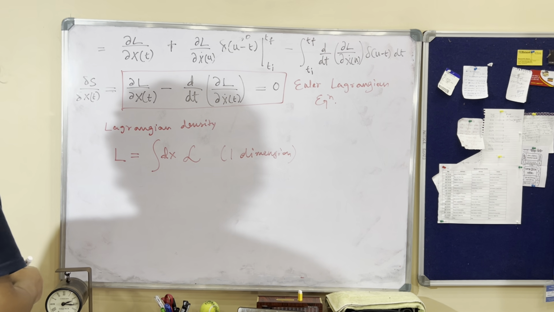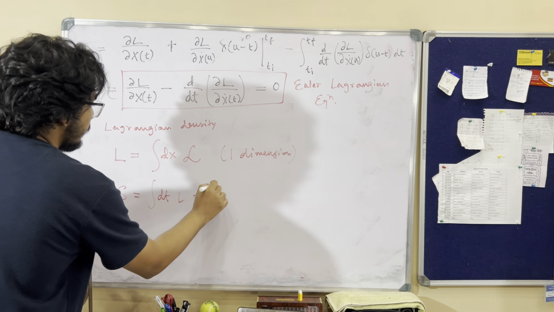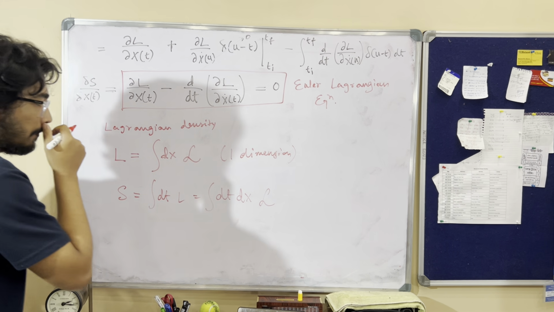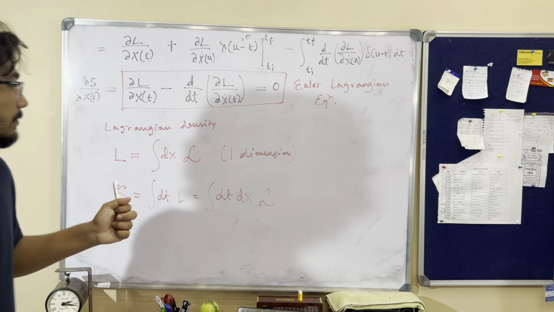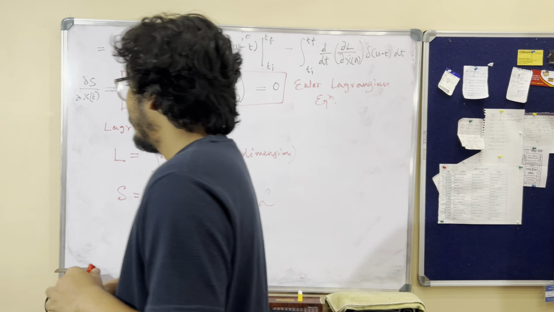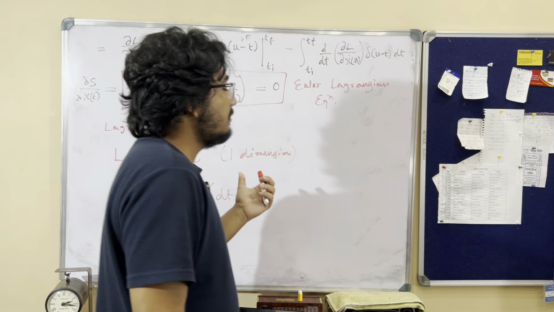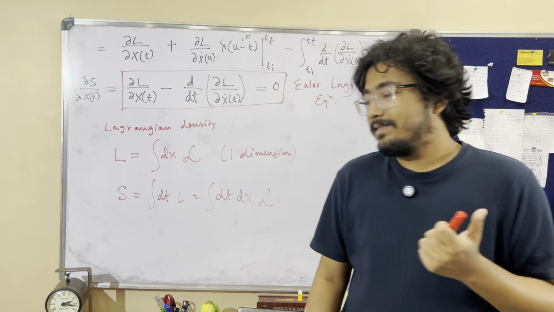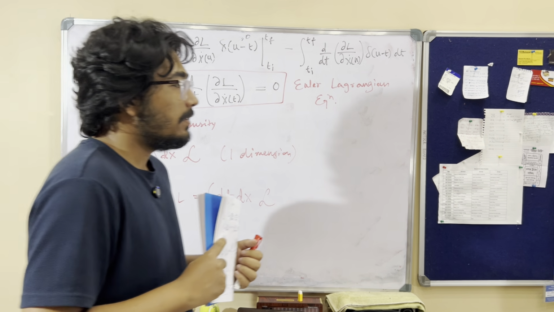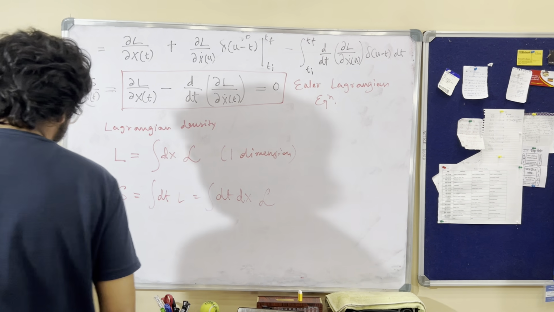Okay. So in terms of the Lagrangian density, my action will look like this for one spatial dimension. I am going to use this to show you an example, and I will show you that the fun is that I can use a Lagrangian density to find equations of motion instead of the Lagrangian.